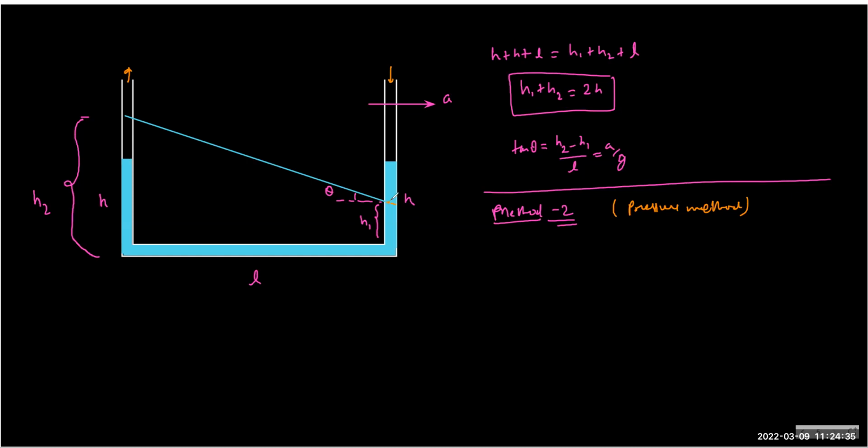If from here you go below, you will increase the pressure. So you start from the atmospheric, increase the pressure by rho g h1, and you are here now. Then you need to move to the left by L distance to go to the other end. Because acceleration is towards the right, as you go against the acceleration, pressure will increase or decrease? It will increase, so we add rho A L. That's simple.